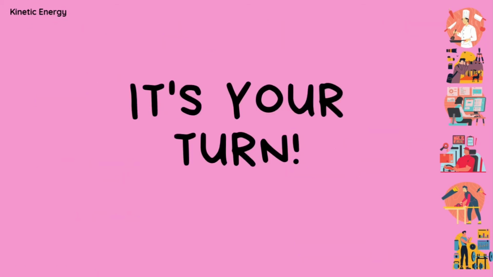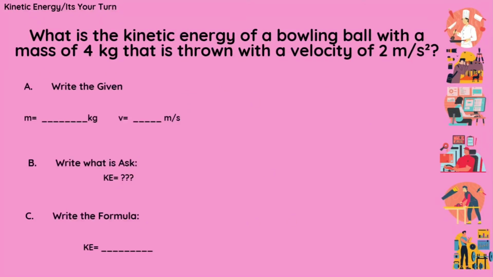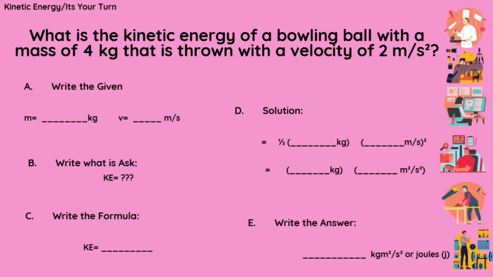So, I think you are now ready to answer the exercises that I have prepared. Start with number 1. Okay. Take your time. What is the kinetic energy of a bowling ball with a mass of 4 kg that is thrown with a velocity of 2 meter per second squared?